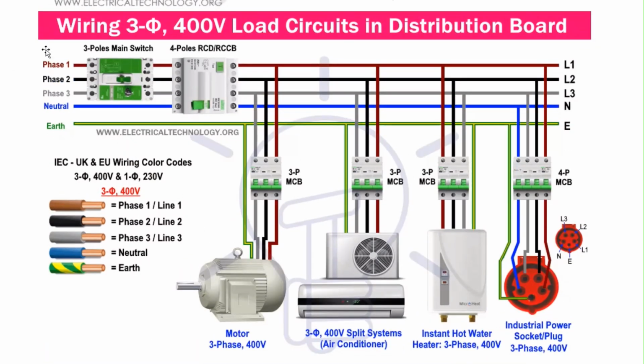Here, it has been shown that three-phase wire can also be directly used for all household supplies. Three-phase supply has a four wire system where one wire is the neutral wire. So you have RYB, red, yellow, and blue, and the neutral wire is shown with N, and the earth wire has been shown with green.